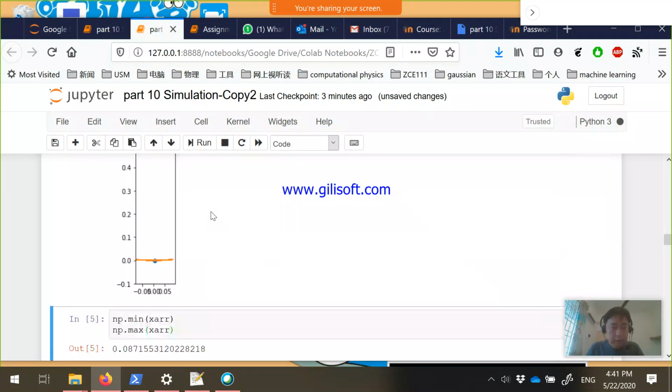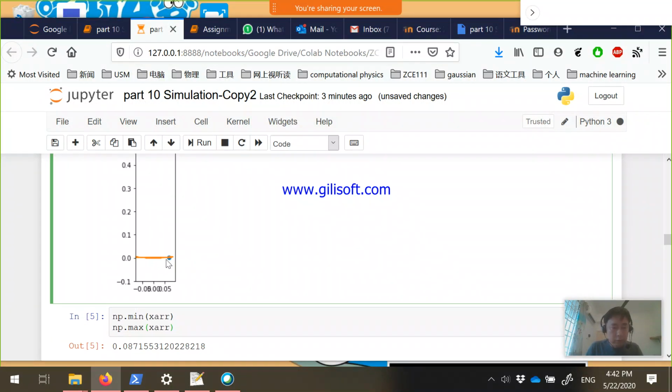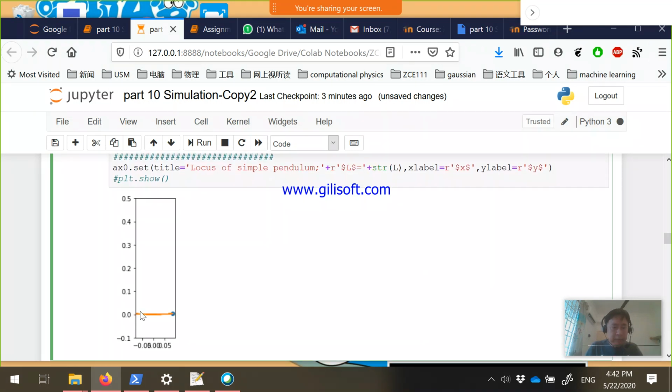Okay, so now you see this. You just add this in to guide your visual, so that you see the bob is indeed moving along this line. But still the curvature doesn't look really that curved. It looks straight because the x displacement is much smaller than the y displacement.